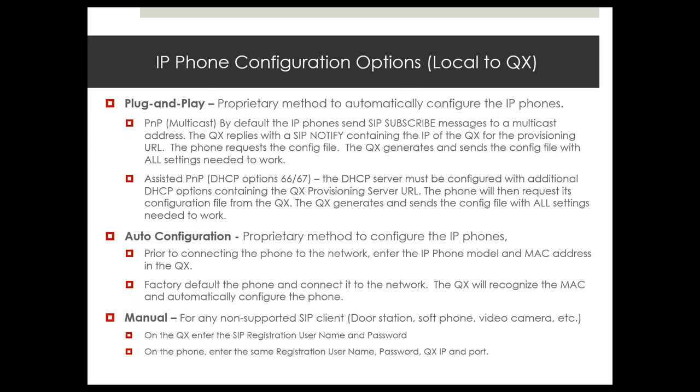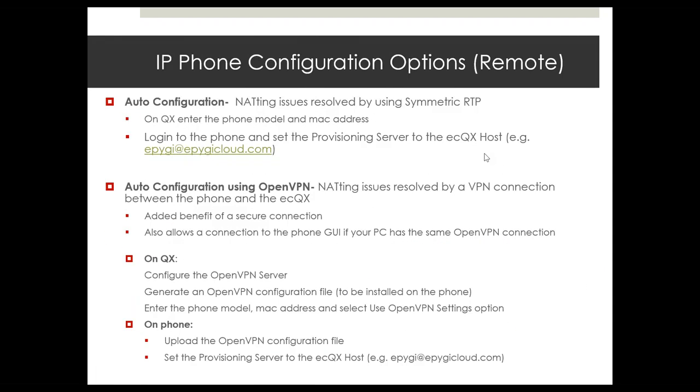All right, when the phones are configured locally to the QX, we talked last week about the different methods. You've got plug and play, where you can connect the phone to the QX, and the phone will just automatically come up and get configured. We recognize the phone, and we will assign it an IP line along with an extension, and it just happens without you having to do anything at all to bring up or configure that phone.